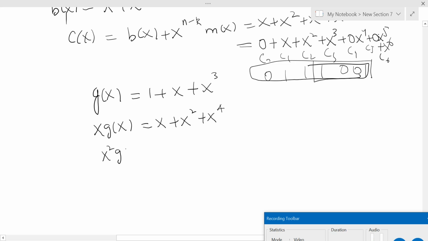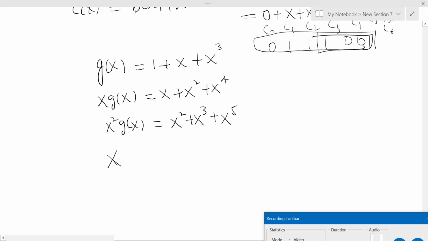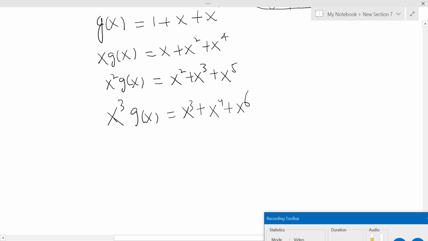Then you write x square g of x, which is x square plus x cube plus x5. Then you write x cube g of x, which is x cube plus x to the power 4 plus x to the power 6. So we have to do only this much operation because I will now form the rows.